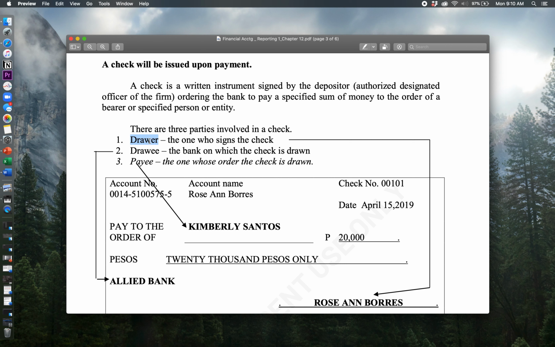The drawer is the one who signs the check; here, that is Rose Ann Bores. The drawee is the bank on which the check is drawn; in this example, Allied Bank. The payee is the one to whose order the check is drawn, written as pay to the order of; in this case, Kimberly Santos.